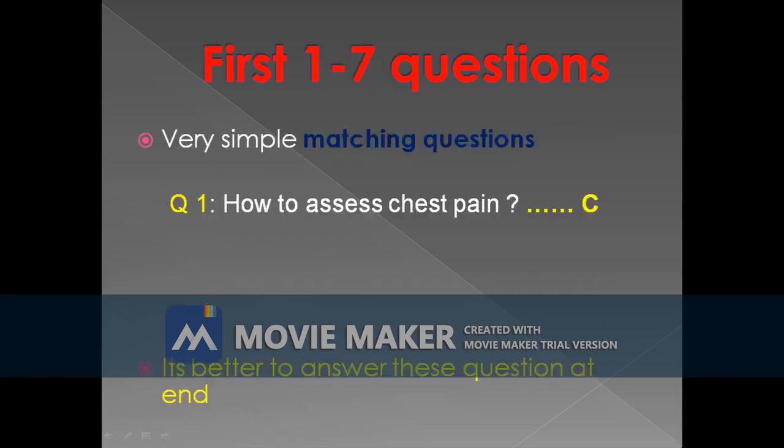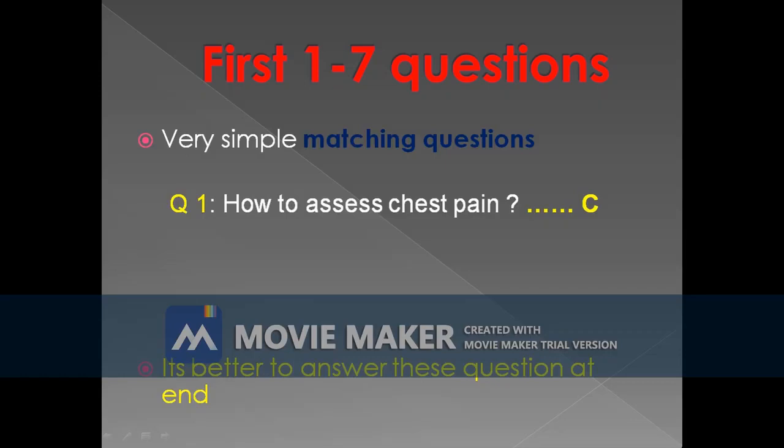Okay, so guys, in OET reading part A there are basically 3 types of questions, in which the first 7 questions are matching type questions. You will read the 4 texts, and in the first 7 questions they will ask you, for example, how to assess chest pain. It means they are asking about the text where the assessment of chest pain is mentioned.